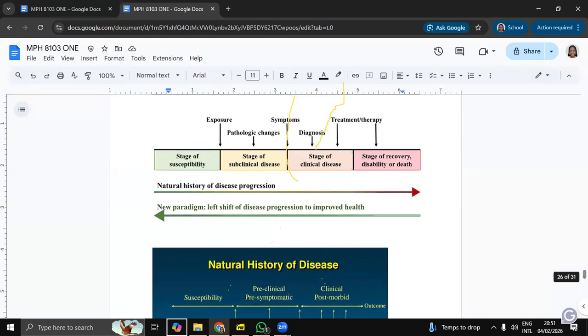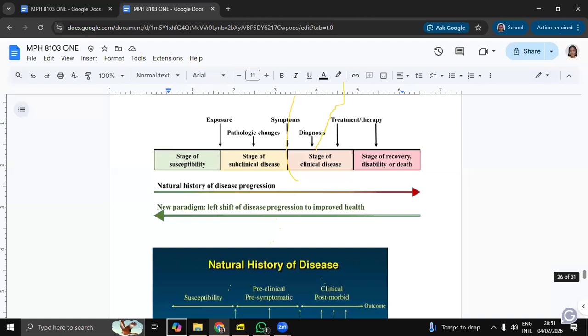So far, we've talked about the definition and core functions of epidemiology. We've talked about the key concepts of disease causation. I would really implore us to look up disease causation and get a better explanation. I don't think that I've explained it so well. Then now we want to talk about the natural history of disease and the levels of prevention. We're going to talk about these two things together.